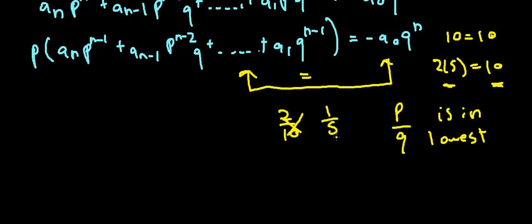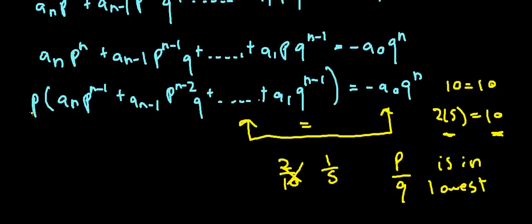So we can't divide out any numbers here. So we take advantage of that: since p is a factor of the left side of the equation, p must also be a factor of the right side of the equation. However, we only have two parts over here, a_0 and q to the n. And p and q have no common factors. So therefore p must be a factor of a_0.